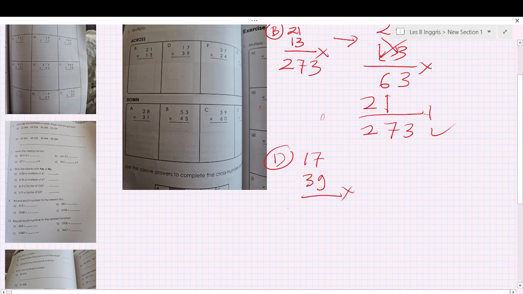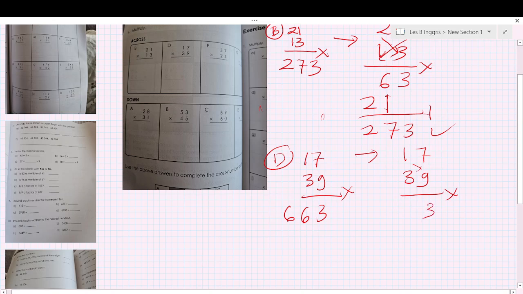Okay, let's check it together. 17 times 39. First, you multiply the 9s with 17. The first is 7 times 9.